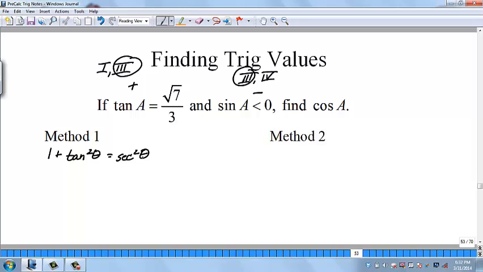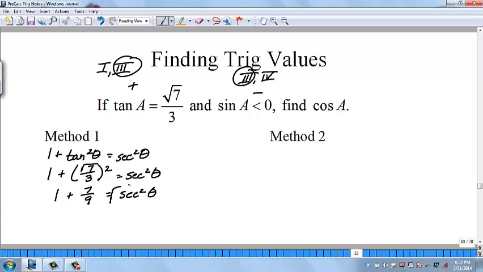But secant is the reciprocal of cosine, so I can find this, and when I'm done, flip it, and I'll have what cosine is. So I have 1 plus the tangent, squared, equals secant squared theta. When I square that, I get 1 plus 7 over 9 equals secant squared theta.